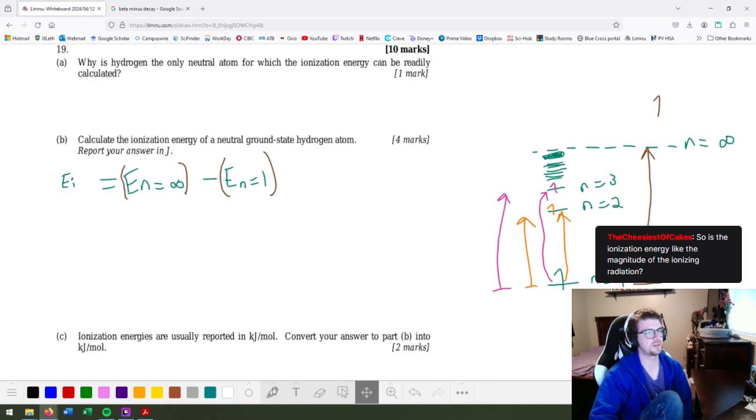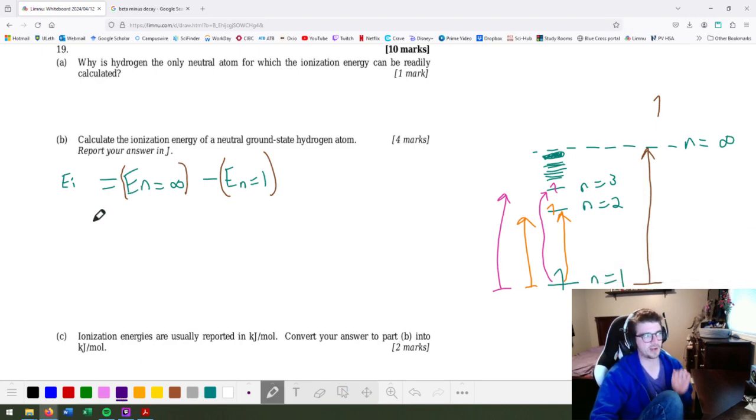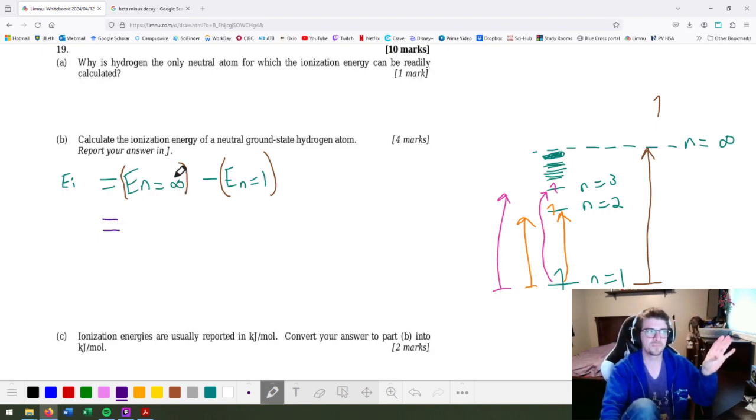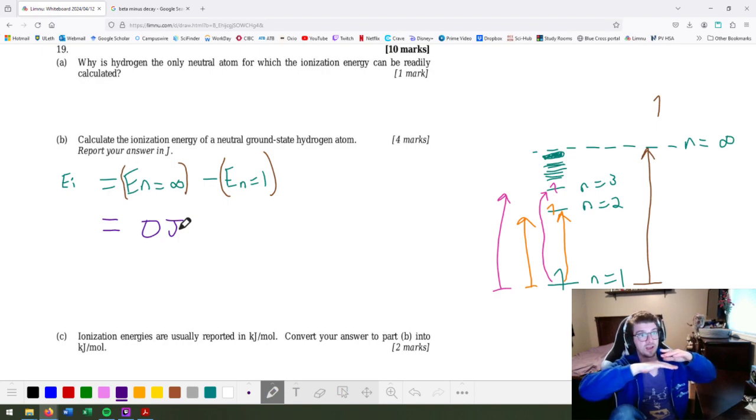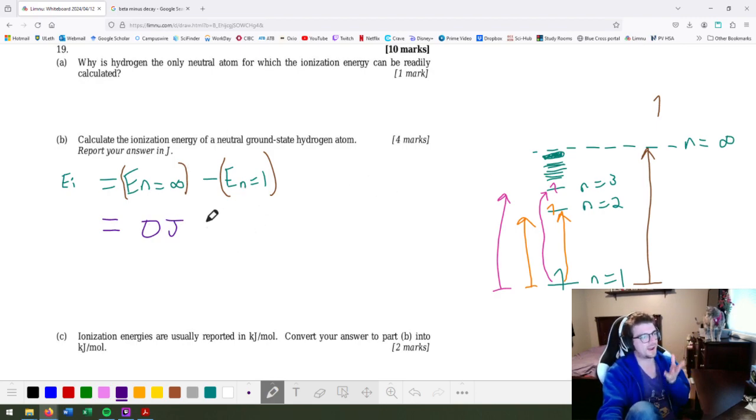So this is going to look a little bit strange, but I promise I will explain it. The energy of this n equals infinity is 0. And yes, that sounds weird because an electron would have to absorb a non-zero amount of energy to get to this threshold, to get to the ionization energy. But this is okay because we're not saying that an electron in this energy level has no energy.